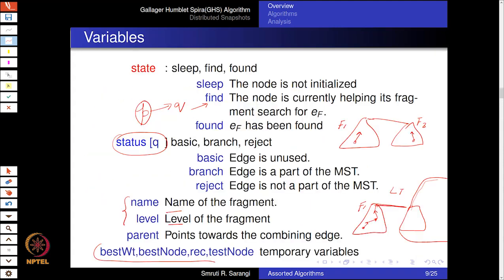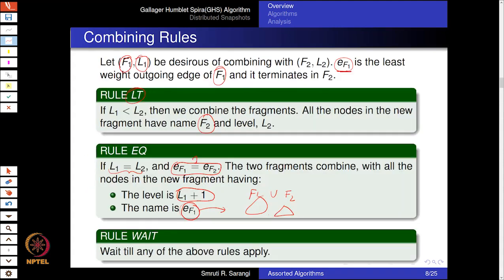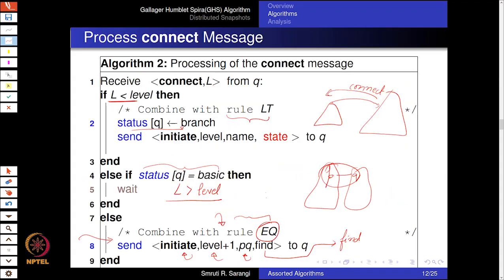If you want, you can just go back to this slide where we defined the EQ and LT rules, and as you can see, it was not all that complicated. So here we basically, LT was a smaller fragment with a larger fragment, and EQ was both the fragments are the same size and they have the same least weight outgoing edge. So the question that we have kept open is, why will the rule EQ be useful over here, which we will gradually see why.